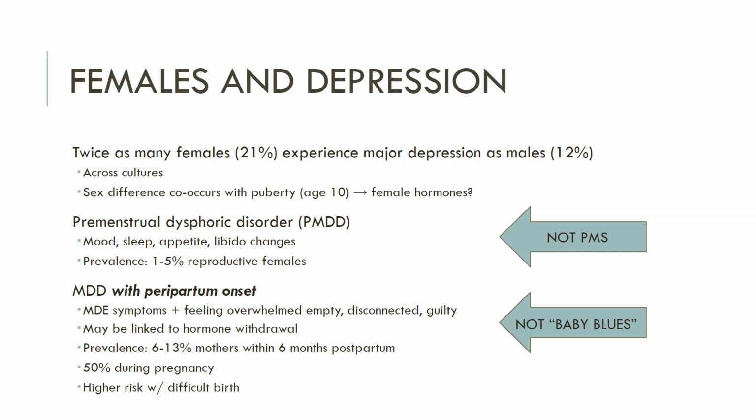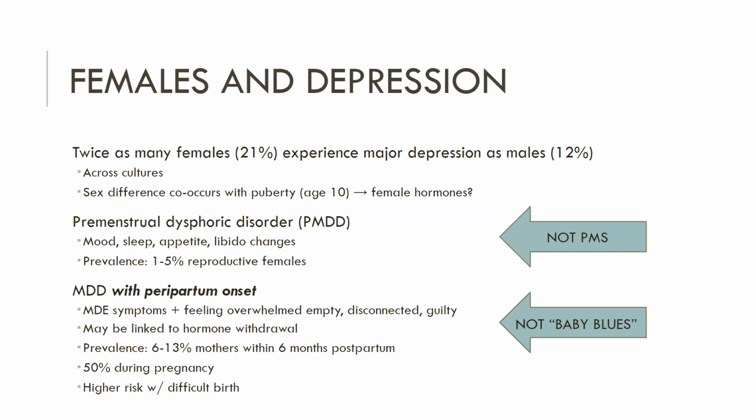The prevalence of this is about 1 to 5% of reproductive females, and this is not simply PMS, premenstrual syndrome. This is something clinical, as the name suggests. It's a dysphoric disorder, it's a mood disorder, so the impairment has to be significant, and the symptoms impairing for this diagnosis to be warranted.